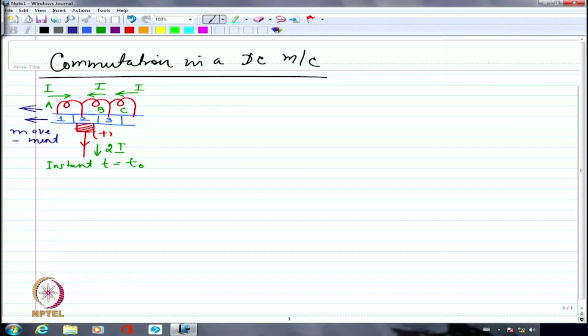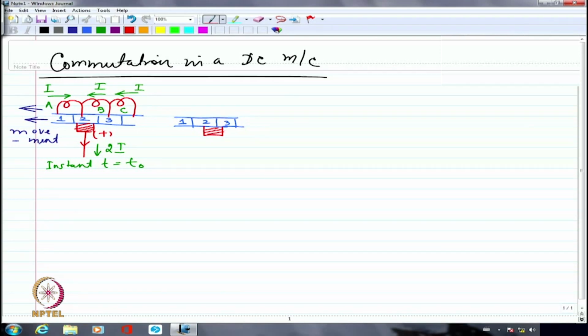I'm going to have, again, let me draw the commutator segments. So this is 1, this is 2, and this is 3. Probably I'm going to have the brush moving slightly like this. Please note that the brush has now come in contact with both 2 as well as 3.